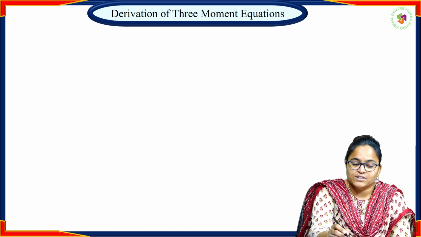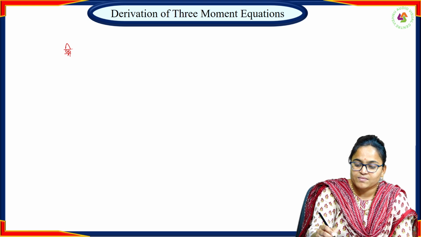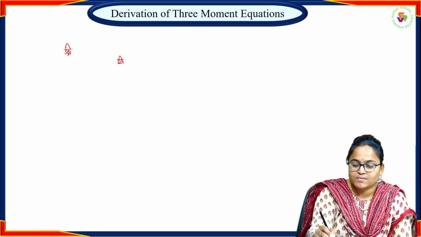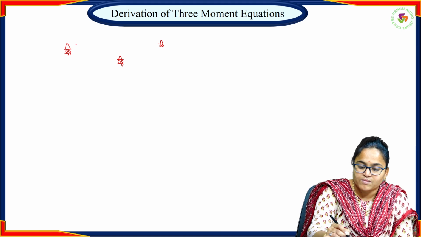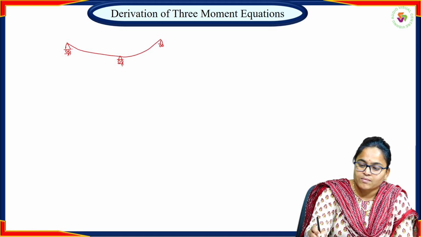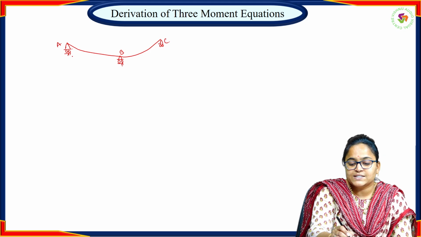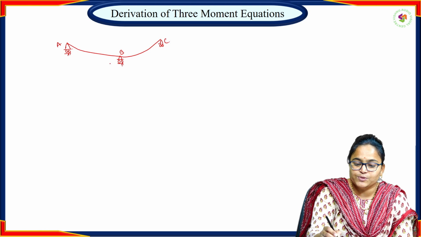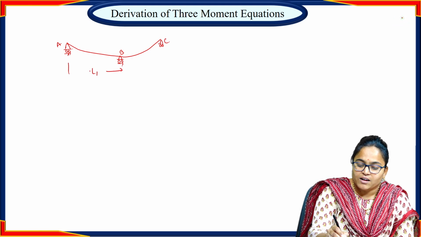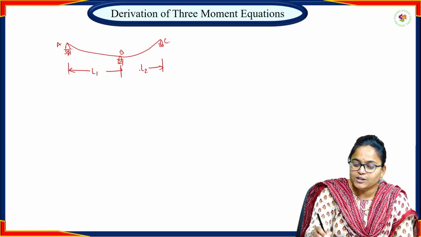So let us consider a continuous beam ABC. This is a two-span beam from a continuous beam. Let us assume the length of AB span is L1, the length of BC span is L2.